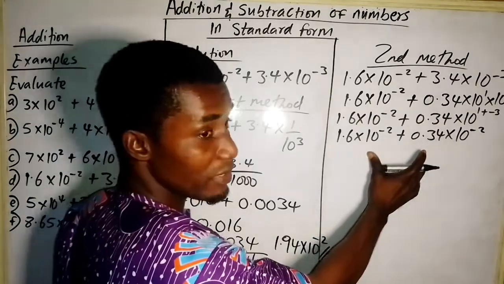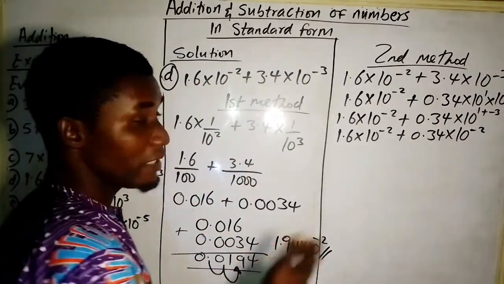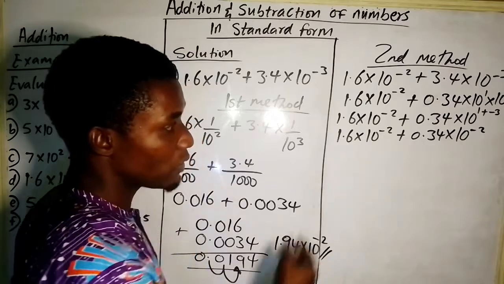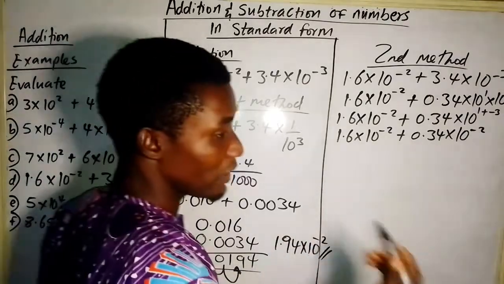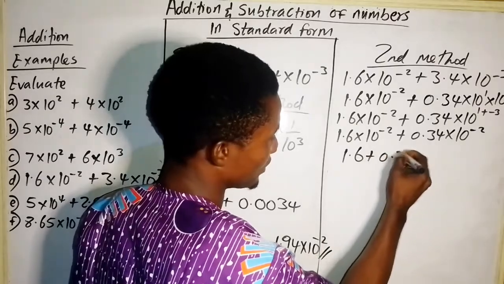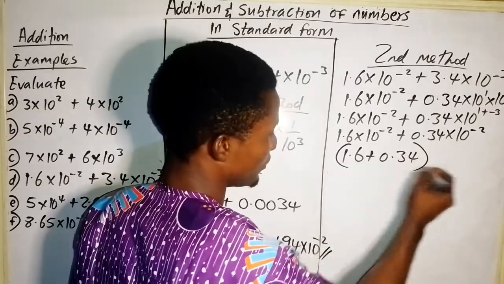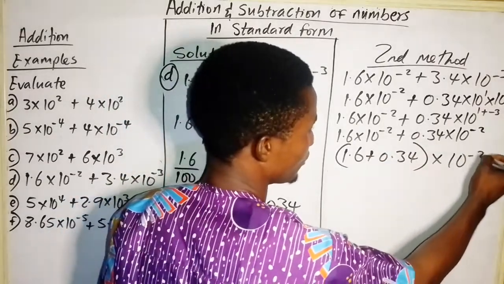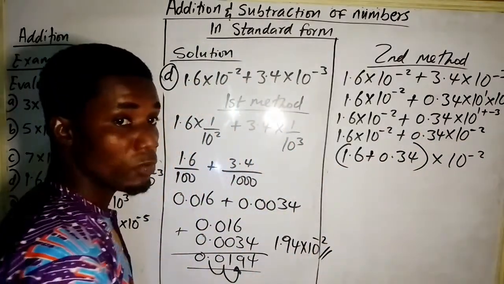So now they have the same base with different exponents. In this case you can see that the two exponents are the same, so we can now evaluate completely. We have 1.6 plus 0.34, close the bracket, times 10 raised to power minus 2, since that's what we have in common.